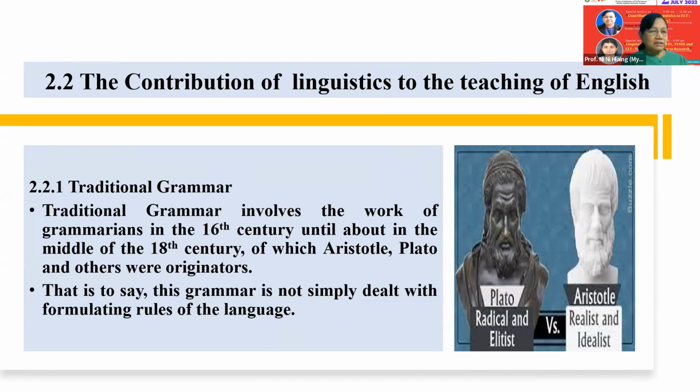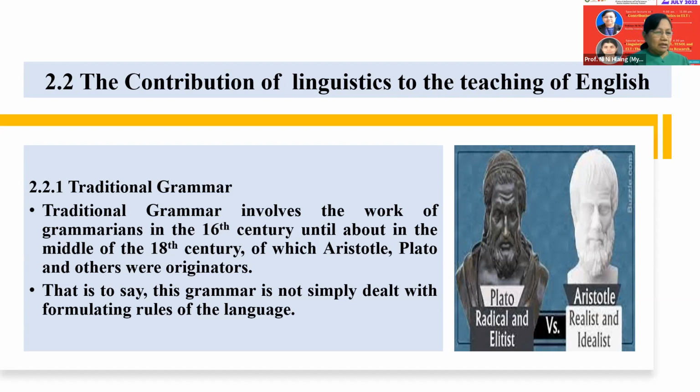Traditional grammar, to clarify what we mean by this, involves the work of grammarians from the 16th century until about the middle of the 18th century, but derives from nearly 2,000 years of study, of which Aristotle, Plato, and others were originators.